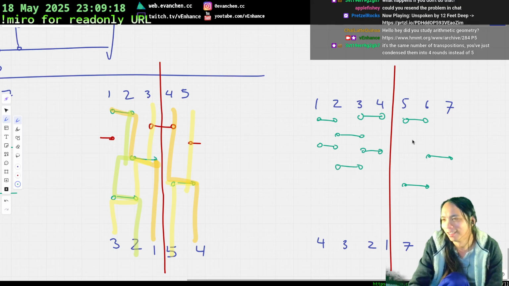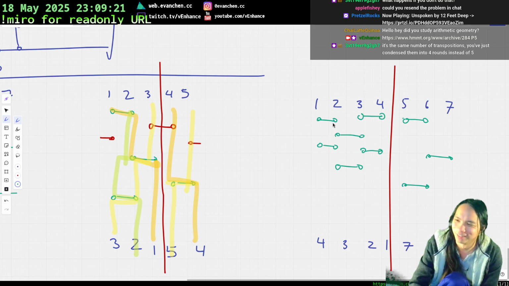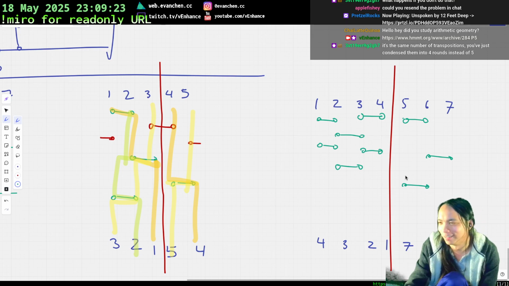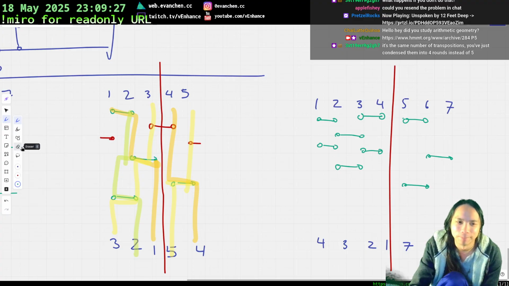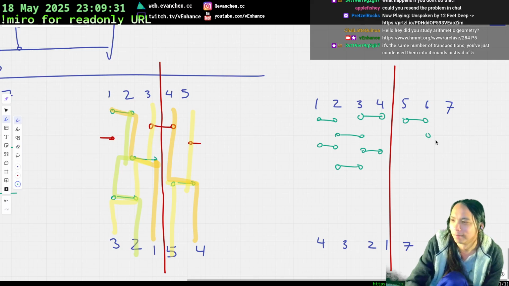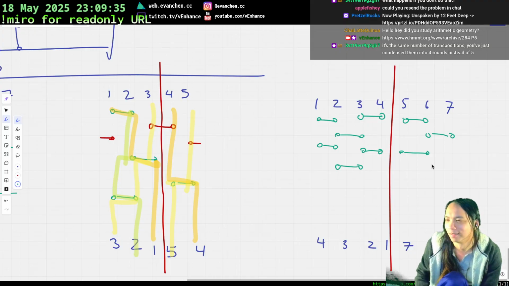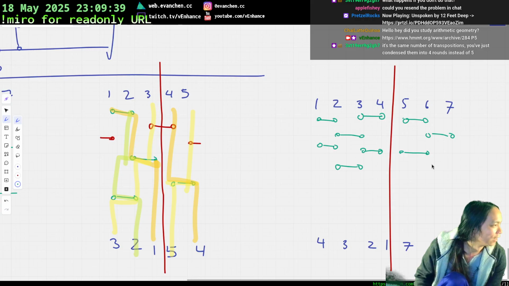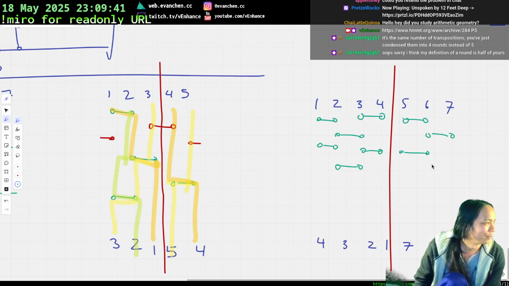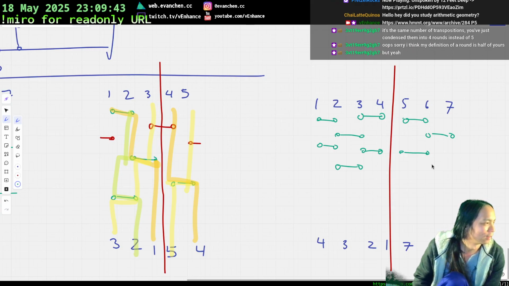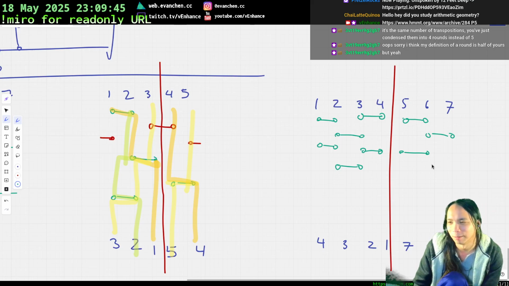Hey, what does this do? Okay, this is 2 rounds, and then I can fit the other one in 2 rounds as well. This is so stupid. What am I doing? Yeah, I agree it's the same number of transpositions.